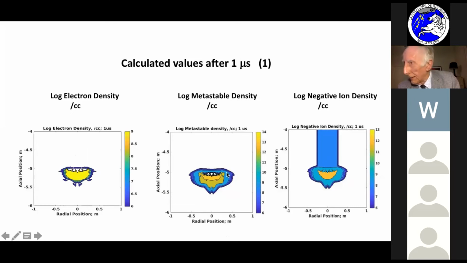The metastable density is much more than 10 to the 9, and here it goes up to 10 to the 12, 10 to the 13 per cc because the cross-section for metastable is so high. But even though that cross-section is high, the actual metastable density doesn't do very much. And negative ion densities here are of the order of 10 to the 11, 10 to the 12, which is higher than the electron density because that pulse is starting to stall.